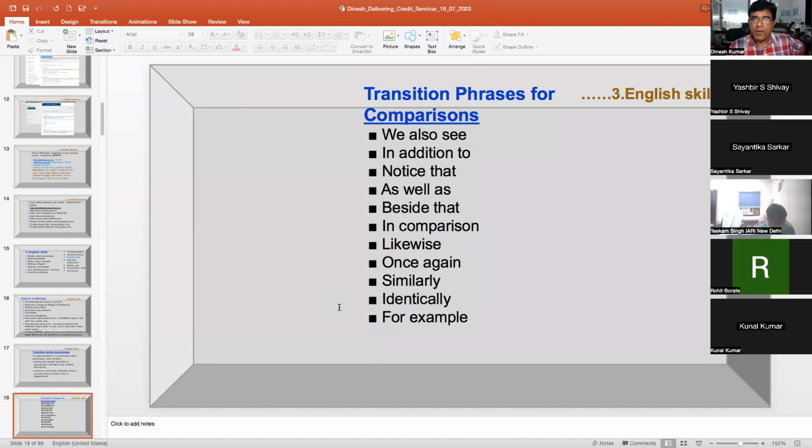For example, dear students, these kinds of transition phrases or words will not only help you in delivering a seminar, they will also help you in writing your term paper, in writing your thesis also. When you write your discussion part or your literature part, any part, there also you can make best use of such phrases.